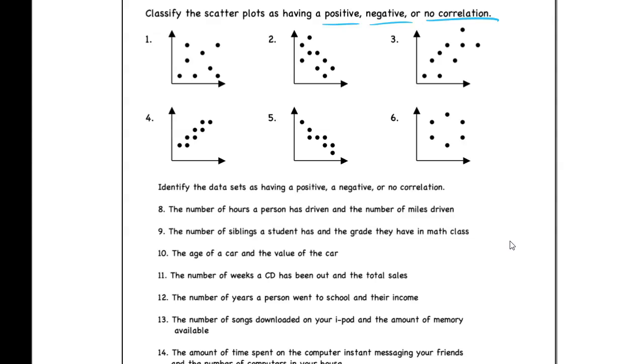So the first one's no correlation. That's all you do. How about 2? Let's do 2 of them. Negative correlation. Good. Why don't you pick the next person? Or Jack still has his mic open. Let's just go with Jack. How about 3? Positive. Good.